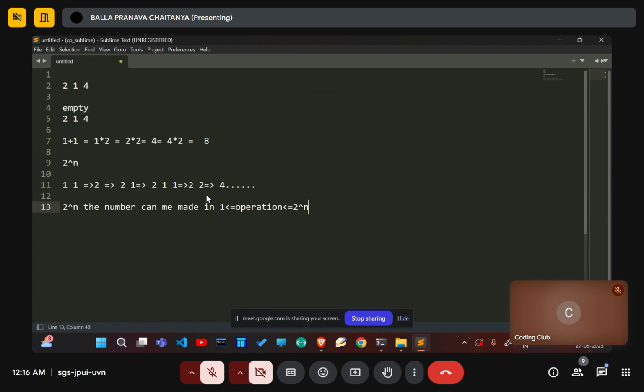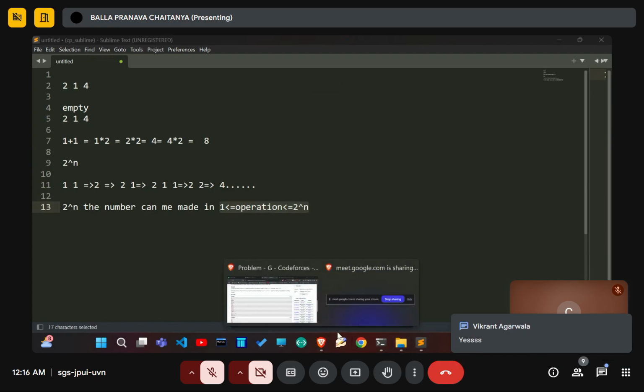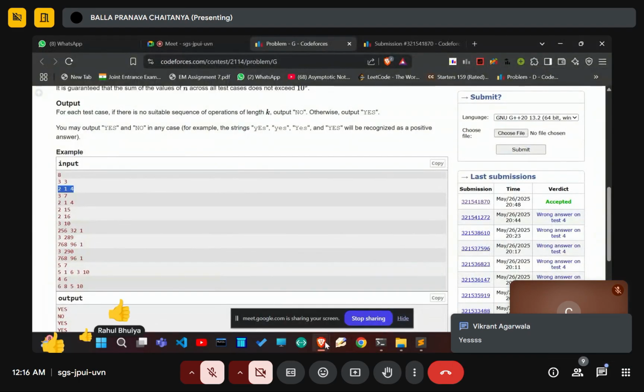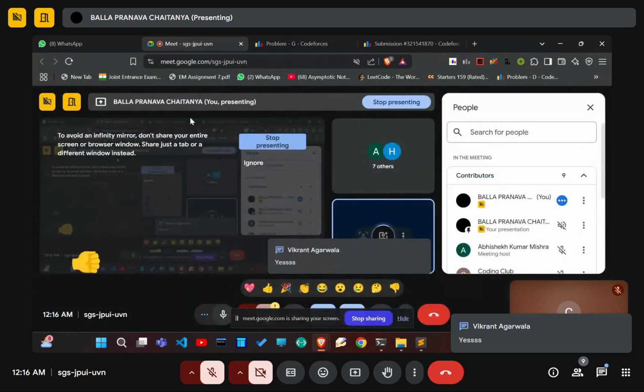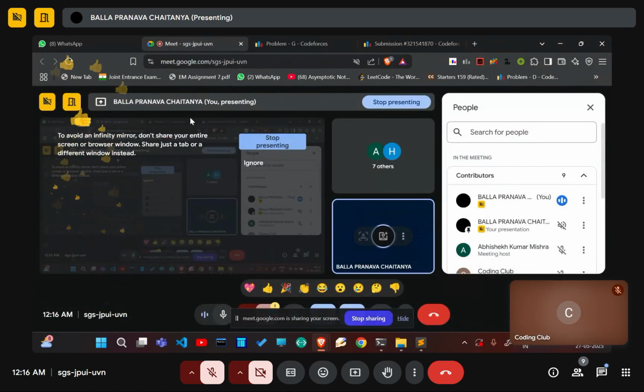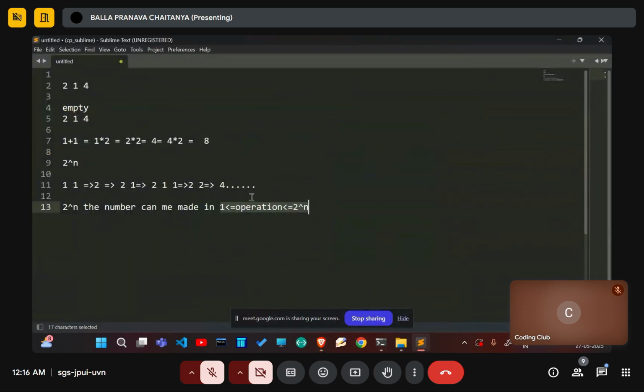I want to know whether this part is clear, because this is the main part. When the number is a power of 2, the maximum number of operations that can be used is exactly 2 to the power n. From 1 to 2 to the power n, you can use any number of operations to make it. If this part is clear, then let's understand the next part.